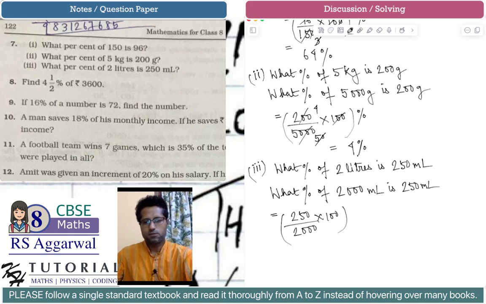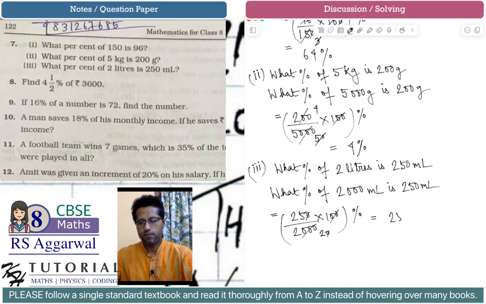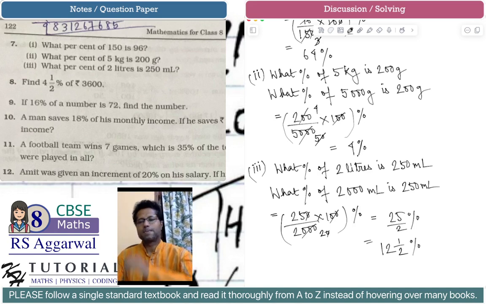If you simplify, 100 cancels 2000 with 20, and the zeros cancel out. So this is 25 by 2 percentage. Now 25 by 2 is an improper fraction. We must convert it to a mixed fraction, and it becomes 12 and 1 by 2 percentage.